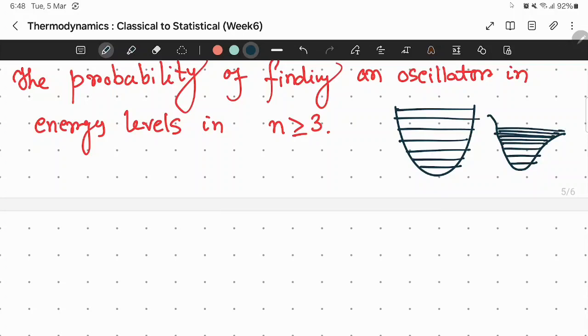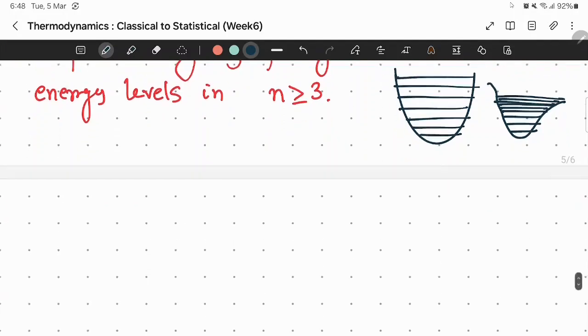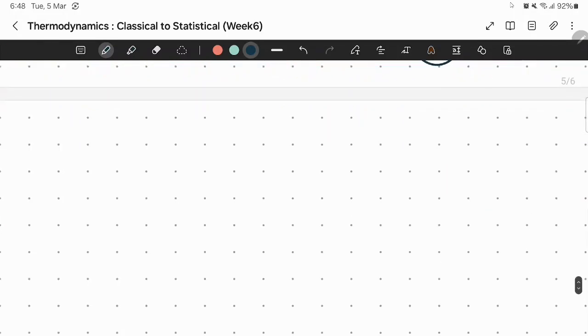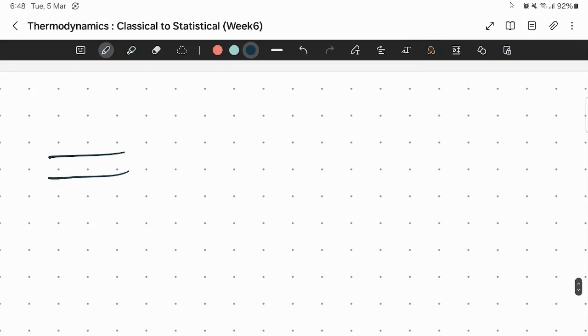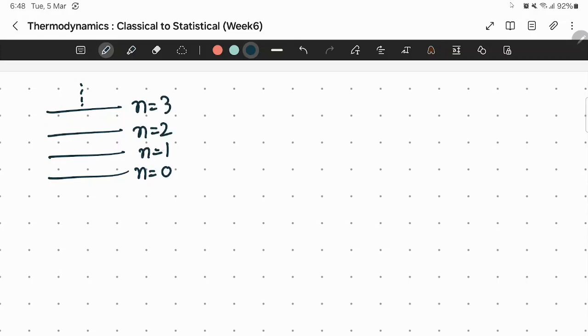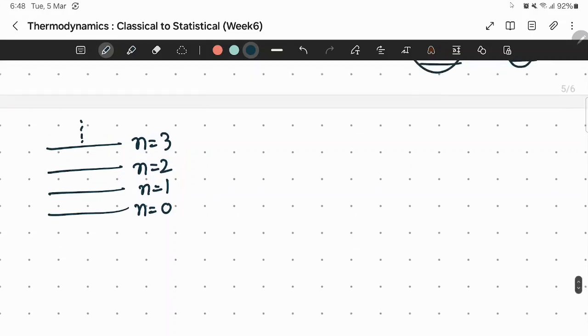But there are infinite number of levels in a simple harmonic oscillator. So among all these levels, this is n equals 0, 1, 2, 3 and so on.